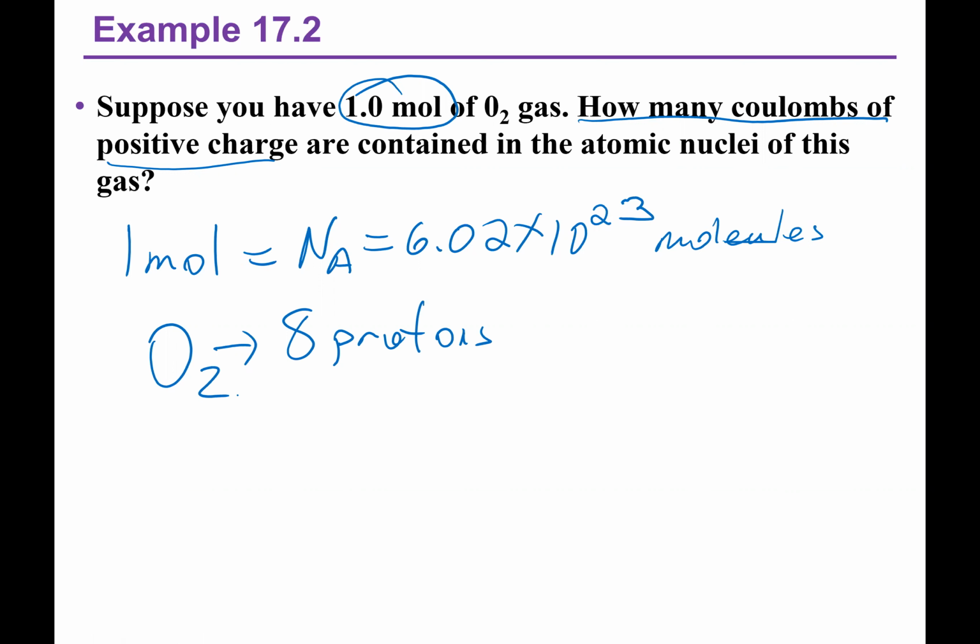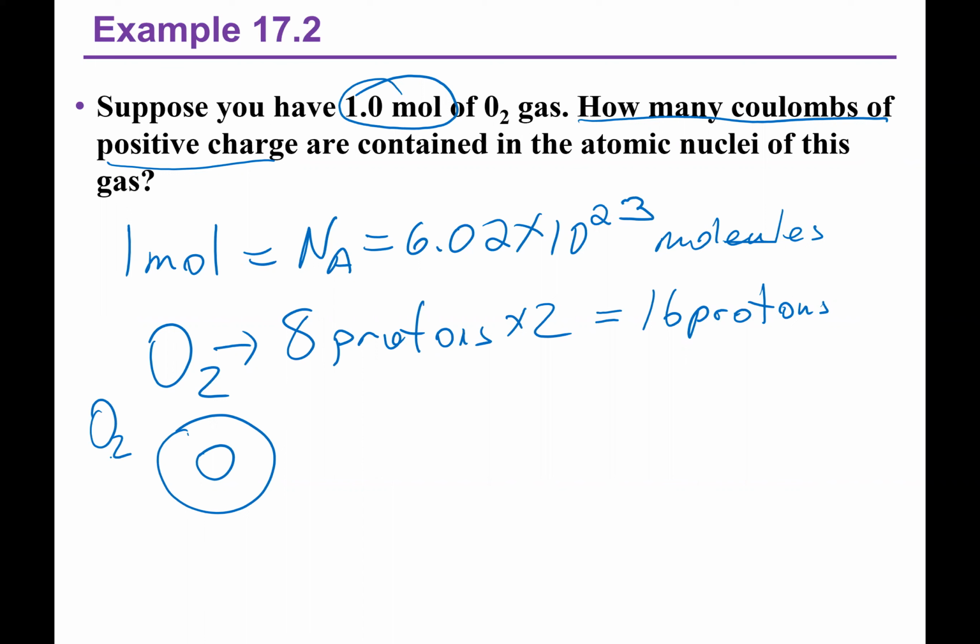But we have O2, which means times 2. That means O2 has 16 protons, considering the oxygen molecule. So let's say here's the nucleus of this O2.